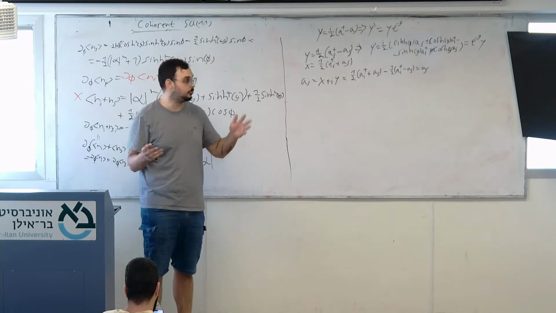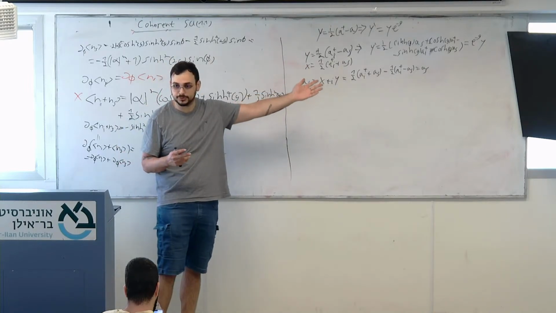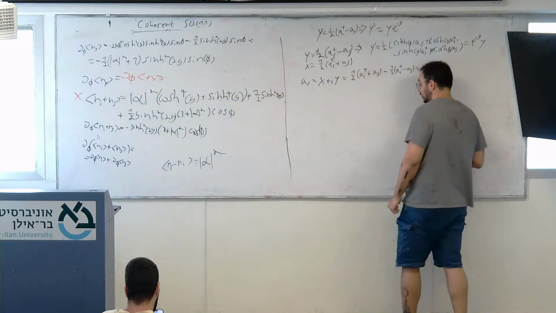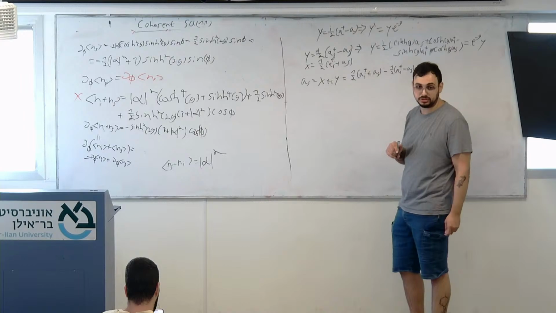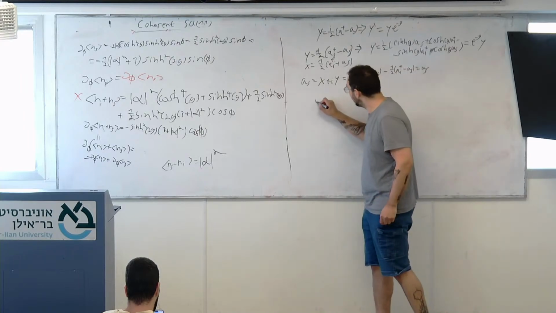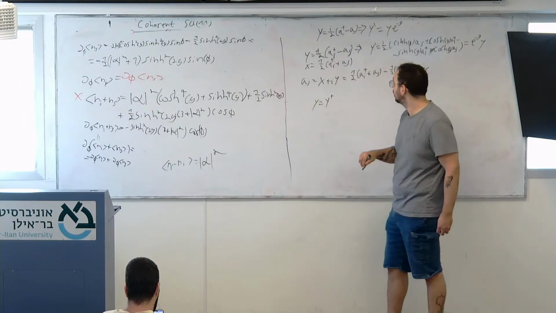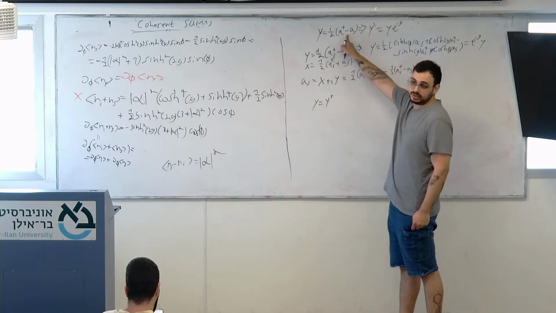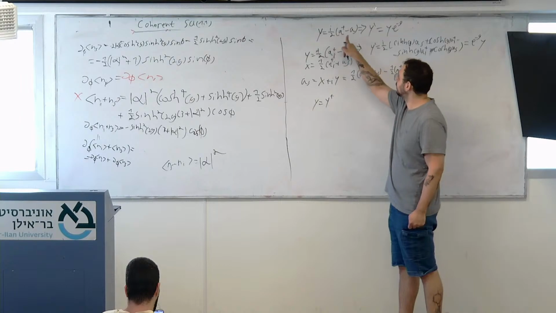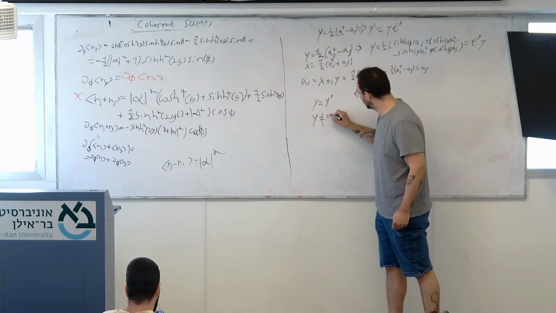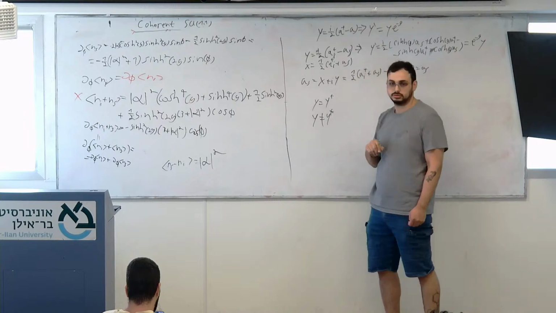So what will happen if we measure the y quadrature? Now, there's an important point when we talk about two-mode quadrature. First of all, in one-mode quadrature, y equals y dagger. You can try to take the conjugate of this equation, it will be the same, but in the two-mode quadrature, y does not equal y dagger.